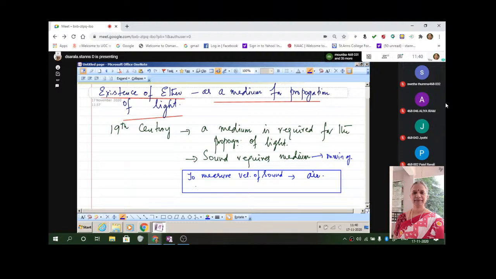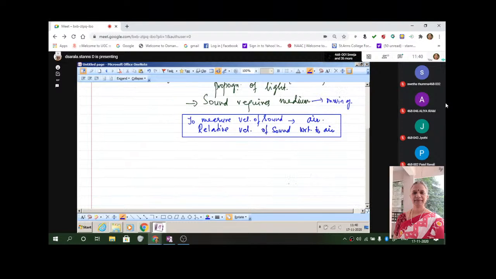That means what they measured is a relative velocity of sound with respect to air.